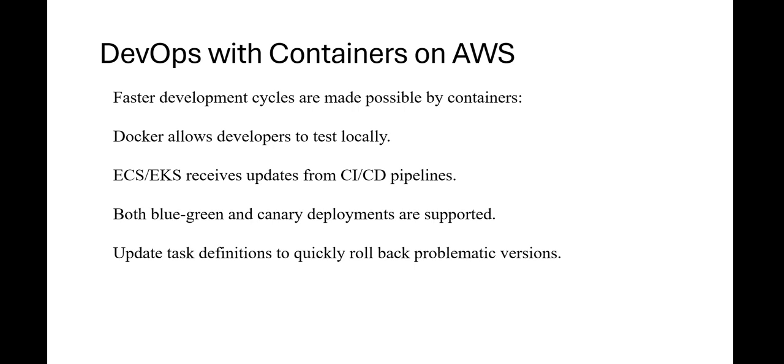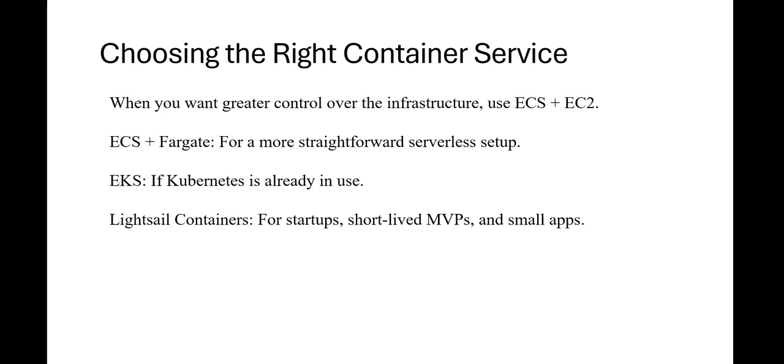This means with CI and CD pipelines, you can automate deployment to ECS or EKS. Both blue, green, and canary deployments are supported. You can even use advanced release strategies like blue, green deployments or canary releases to reduce downtime. Update task definitions to quickly roll back problematic versions.